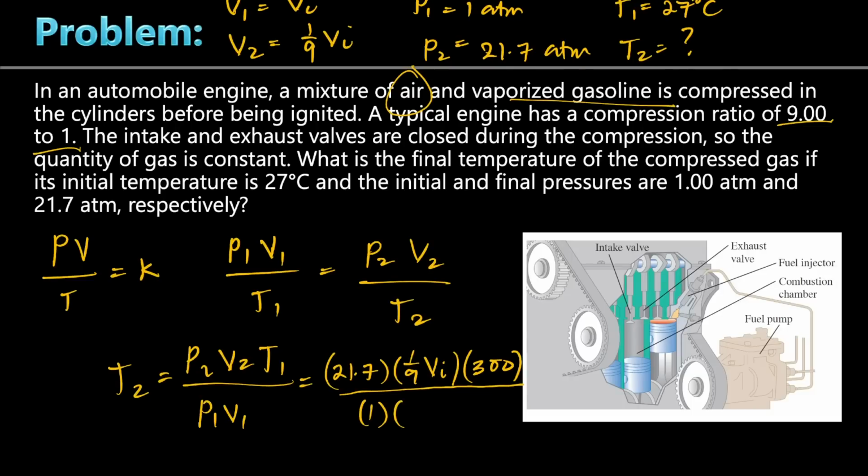V1 is V1. Diba? Kaya magka-cancel dito yung V1. Yan. Now, pag kinompute natin yung T2, of course, gamit ang calculator, ang makukuha nating unit is kelvins. Diba? So, in kelvins, ang makukuha nating sagot is 723 kelvins.